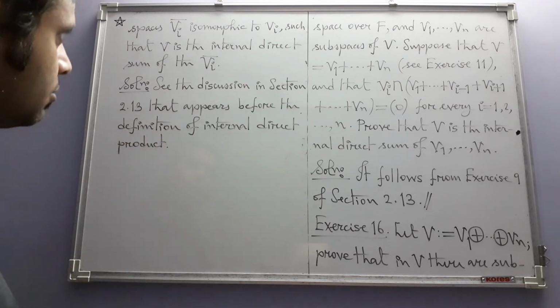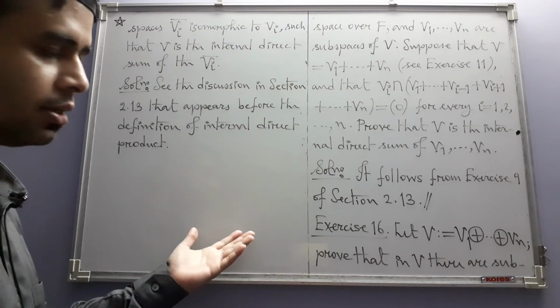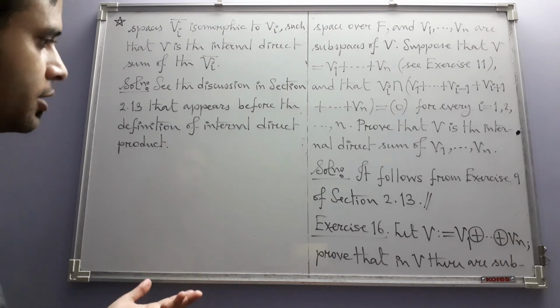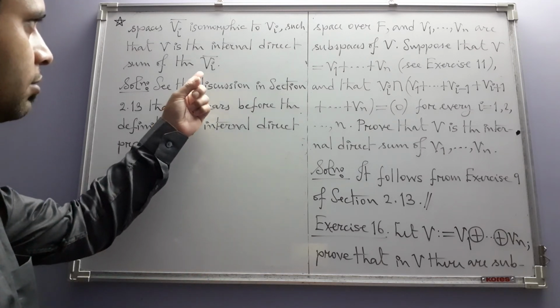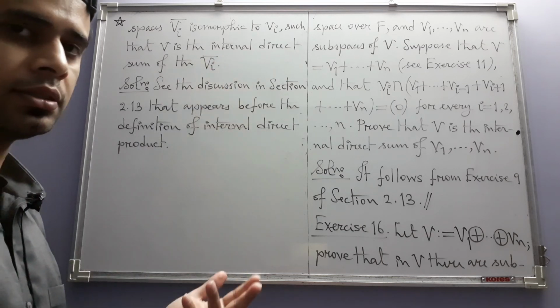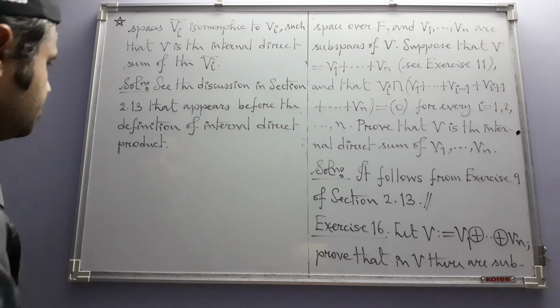Whatever you see here, there also you will get the same thing, but for groups, and the notation is also the same. Here we are considering Vi bar, there you will see Ni bar, where Ni are normal subgroups.